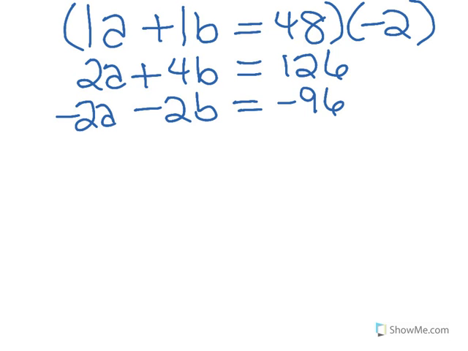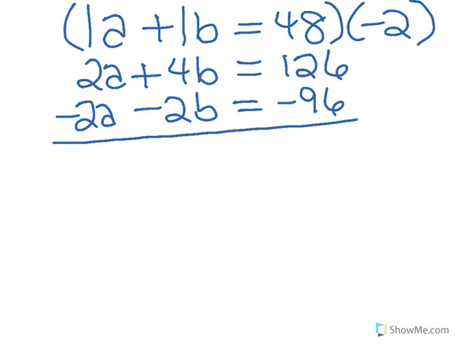Now that I have this new equation, I can eliminate the variable A using the same procedure I showed you before. The two sides of the equation in the third equation represent the same number. Negative 2A minus 2B is the same thing as negative 96.